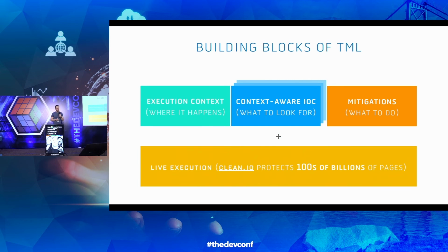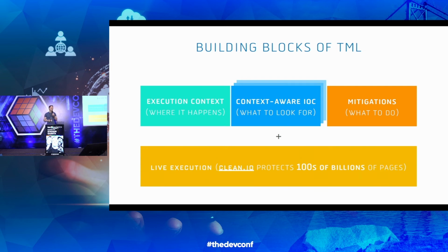And to be able to design this, we use this tool we call TML, or Threat Mitigation Language. So what is Threat Mitigation Language? It is built on top of multiple things. First of all, it needs to know the context where we're executing. Let's say it's a top-level page context, or maybe you've isolated it to a certain origin, and we're executing in this origin. Or maybe it's a small ad that the script comes from.